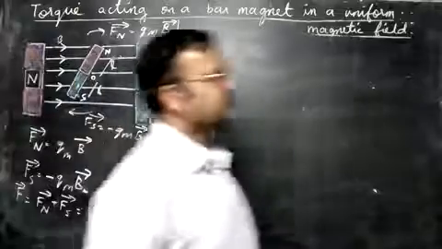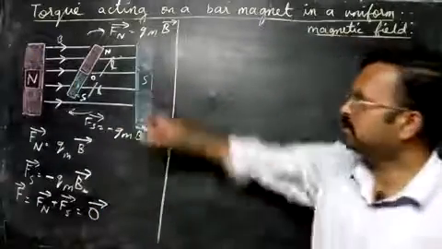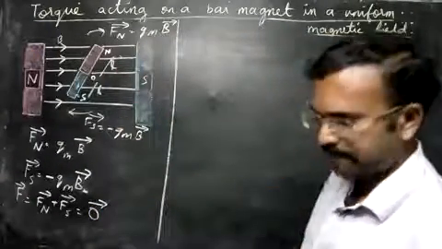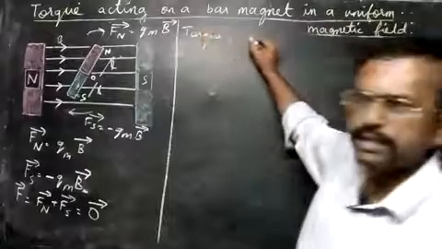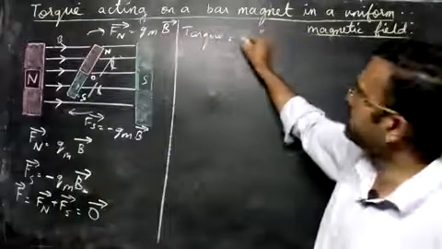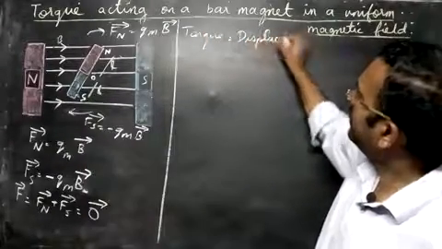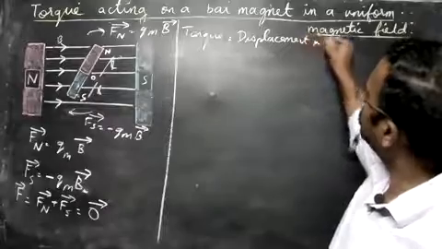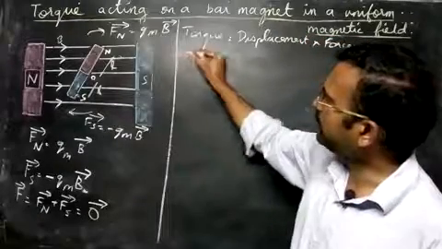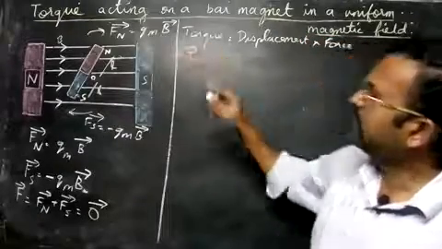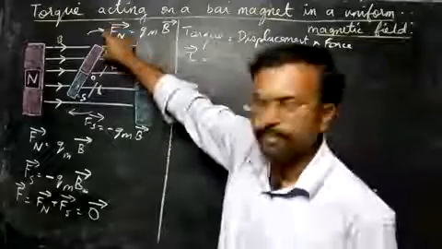Now let us see what the torque is there. Torque means turning effect, we learned. Torque is equal to displacement and force, we learned, but you can rearrange and write it also as displacement cross force. Torque here is a vector quantity. Now you see there are two torques here, top and down.